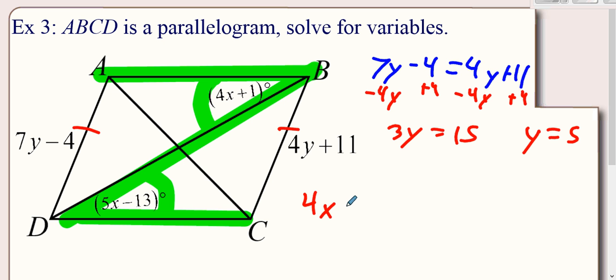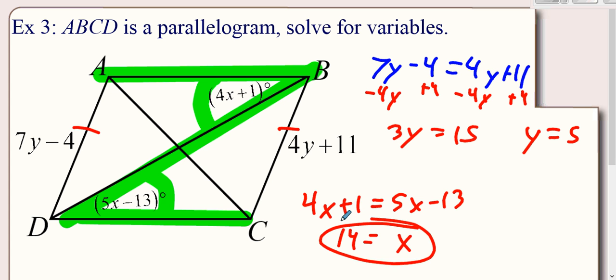So there's another equation. 4x plus 1 equals 5x minus 13. There's a lot of ways to get equal parts. So subtract the 4x, you get x. Add the 13, you get 14. And you're done. X is 14, y is 5.